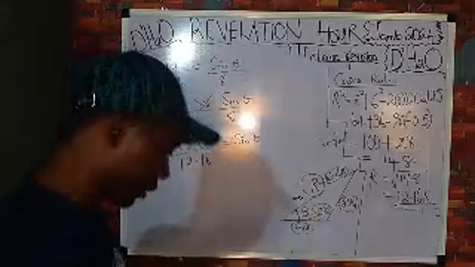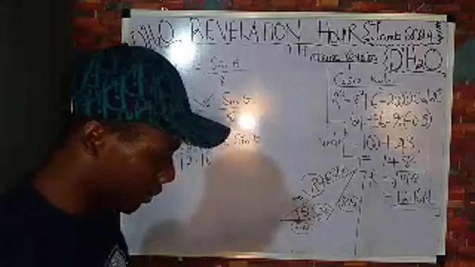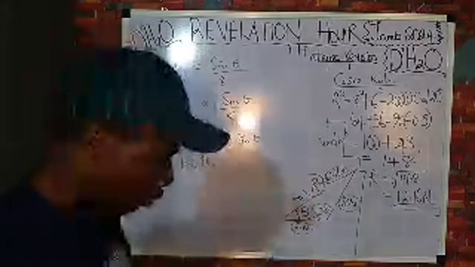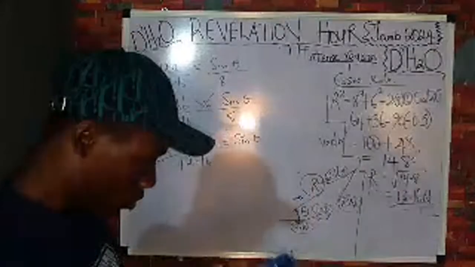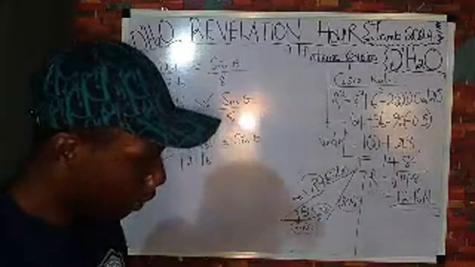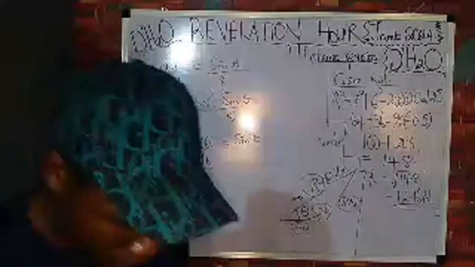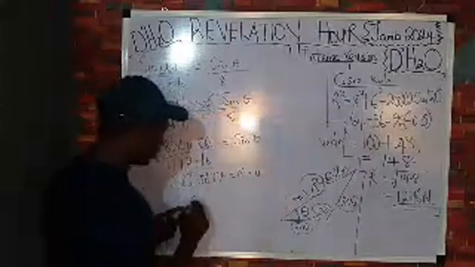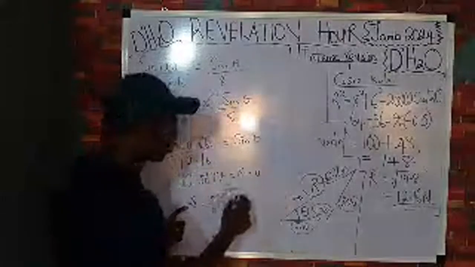8 times 0.866 divided by 12.16 will give us 0.5697. So 0.5697 equals sine theta. Theta will give us the sine inverse.